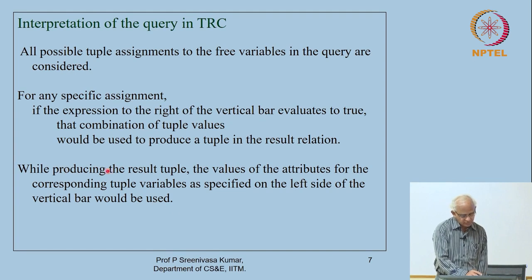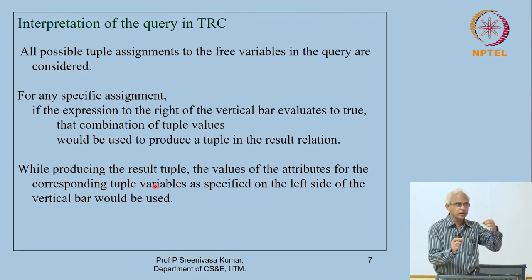While producing the result relation, the values of the attributes for the corresponding tuple variables, as specified on the left hand side of the vertical bar, are used. This result production is very similar to projection. You have certain tuples and their values that made the right hand side true, and from them you pick up the specific attributes required by the left hand side expression.